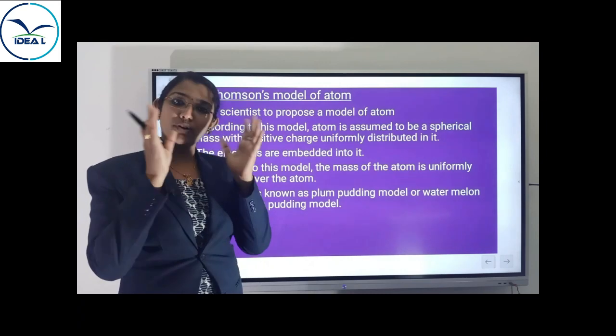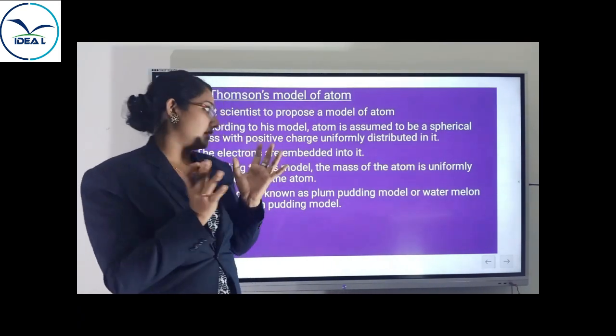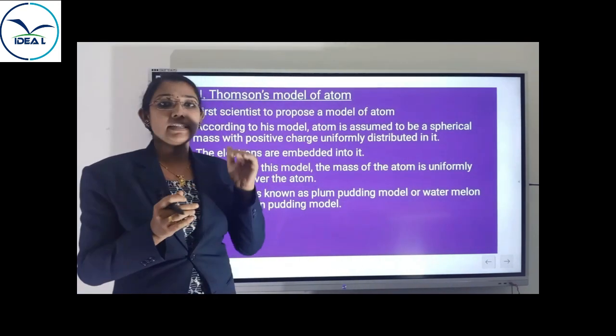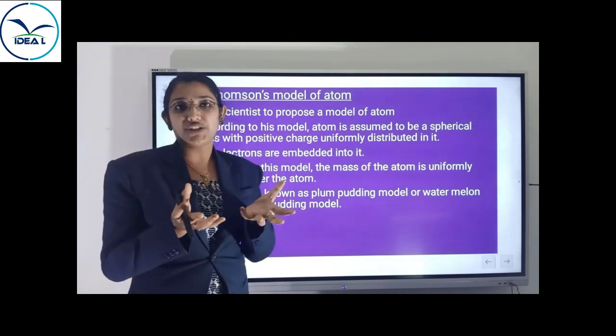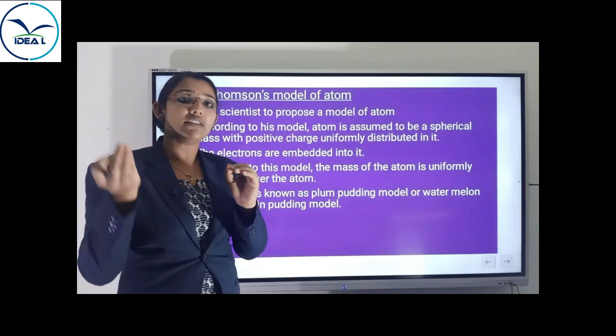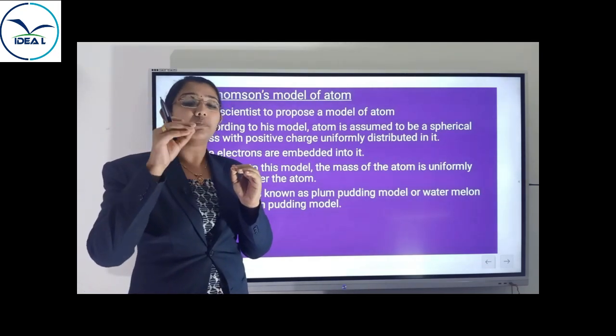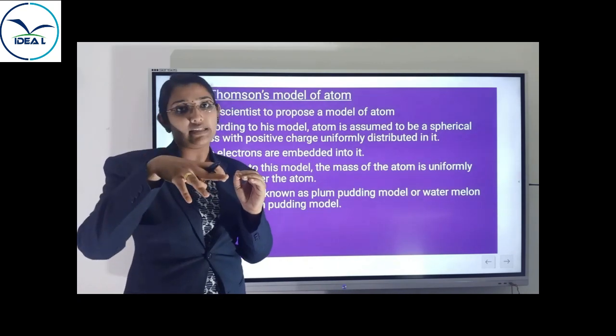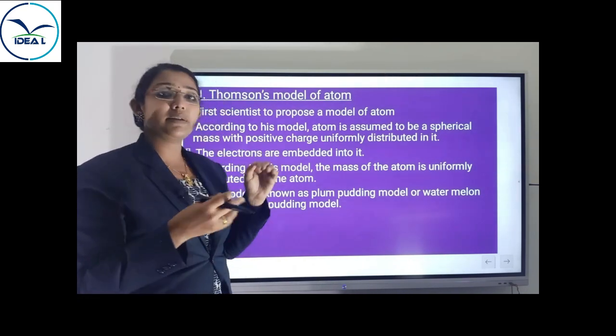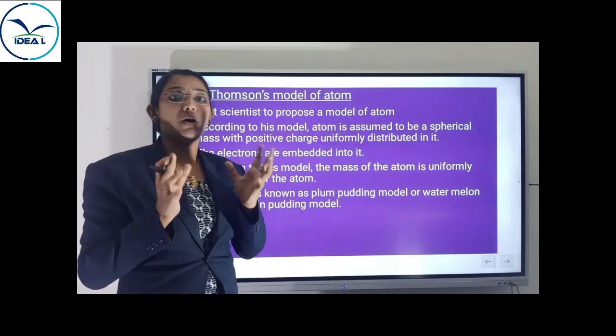So according to Thomson's model, atom is assumed to be a spherical shape in which positive charge is uniformly distributed, but electrons are randomly embedded into it, and the mass of the atom is also uniformly distributed over the atom.